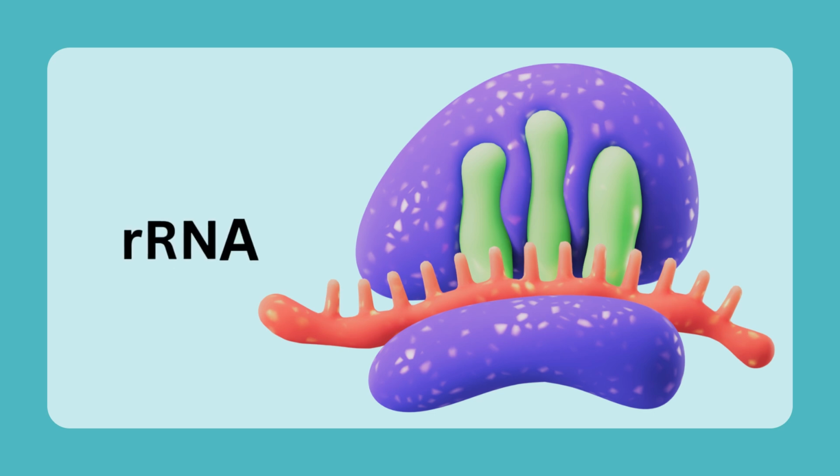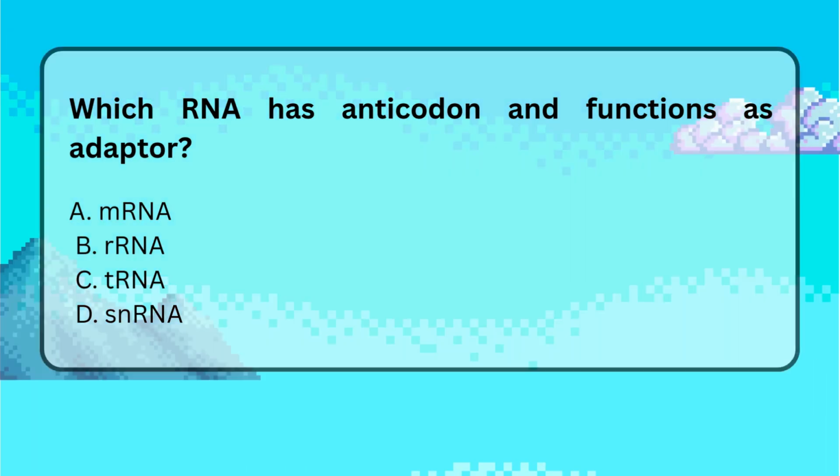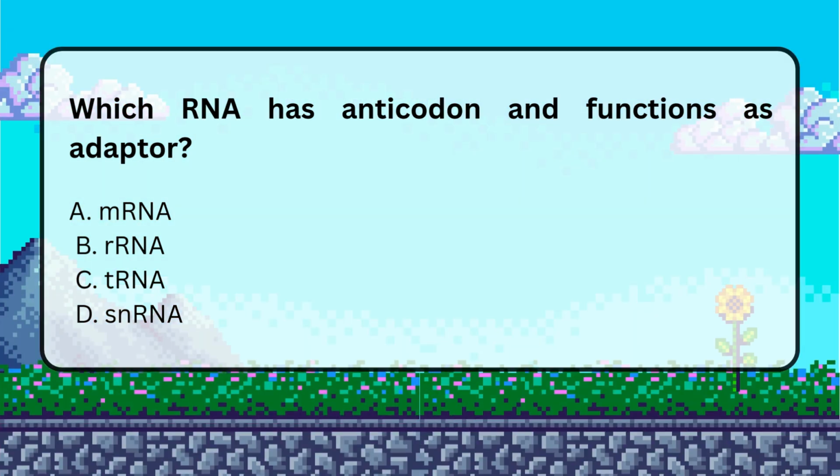Now the rRNA is the structural and functional part of the ribosome, and that part is known as the ribozyme. It helps in forming peptide bonds. Now the MCQ question that can be asked is: which RNA has an anticodon and functions as an adapter?